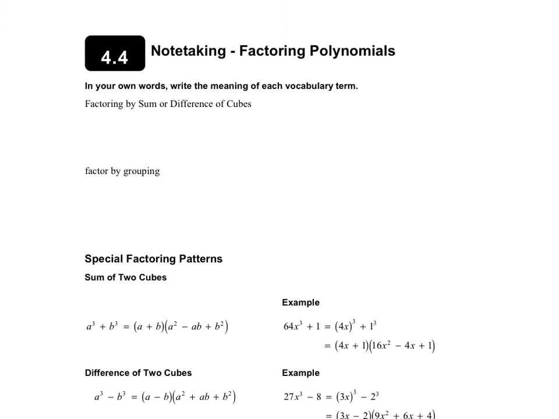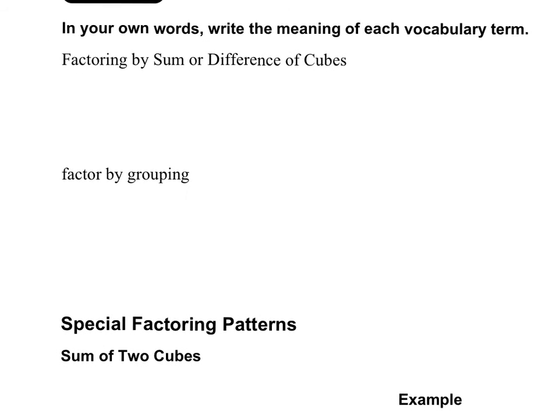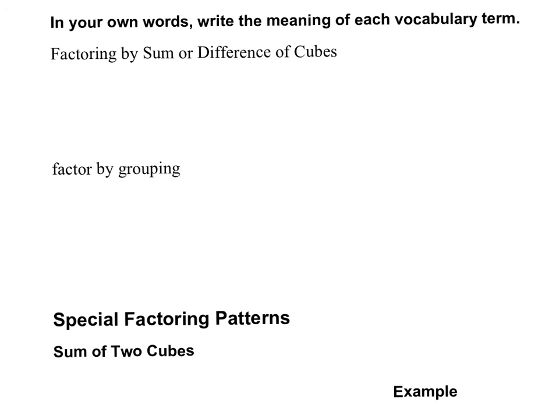One is factoring by sum or difference of cubes. There is a formula for sum and difference of cubes, and you will be given the formula on outcome quizzes as well as the test.